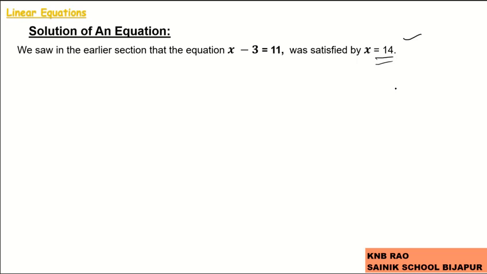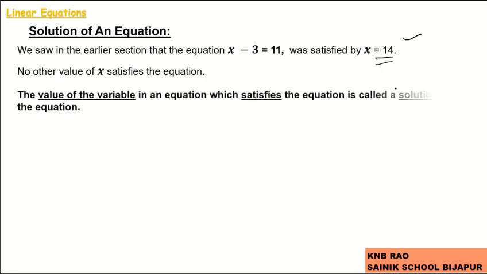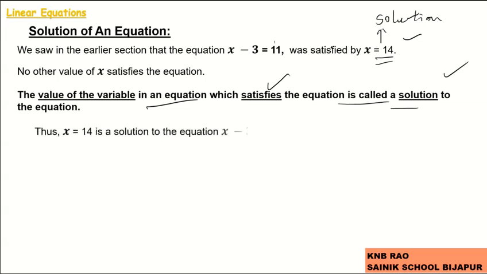Now, no other value of x satisfies the equation here. The value of the variable in an equation which satisfies the equation is called a solution. Here, therefore, I say x equals 14 is called the solution of this equation. Which equation? X minus 3 equals 11. Thus, x equals 14 is a solution to the equation x minus 3 equals 11.